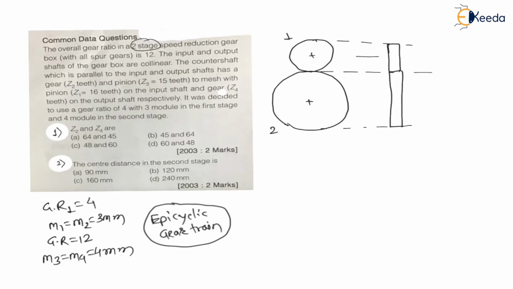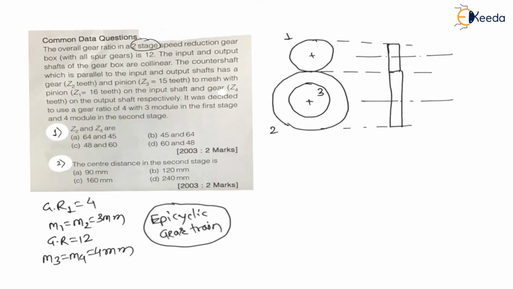Here is the axis of gear 1 and the axis of gear 2. Now for gear 2 and gear 3 there is a common axis. On the same axis there will be gear 3, but gear 3 is a pinion, meaning gear 3 will be smaller than gear 2. Therefore on the same shaft you will find gear 3.